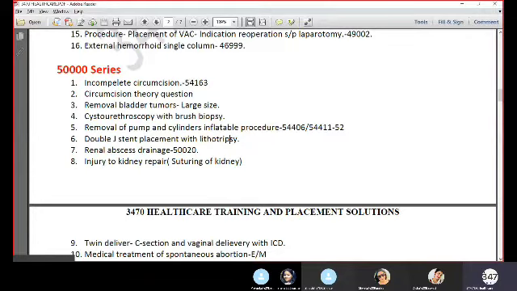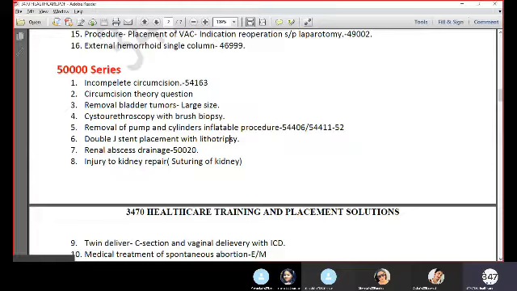Circumcision using clamp or other device with regional dorsal penile ring block. 54150. Yes, 54150 is correct.